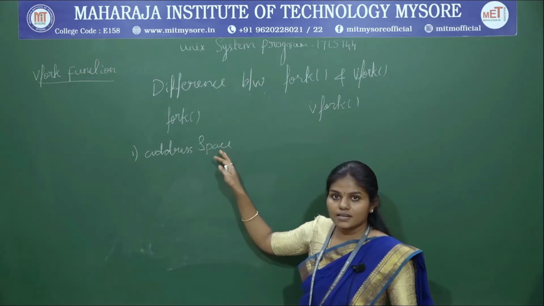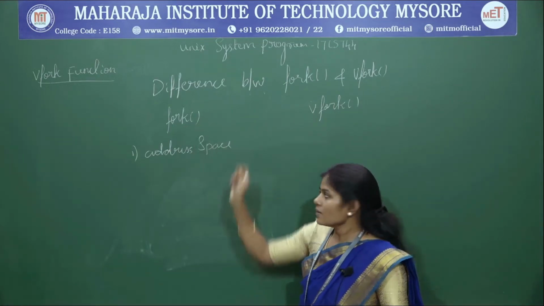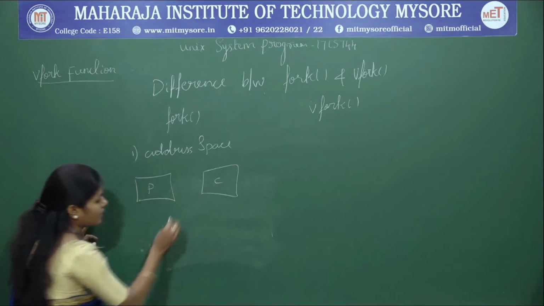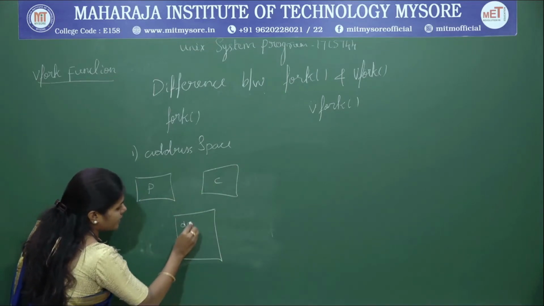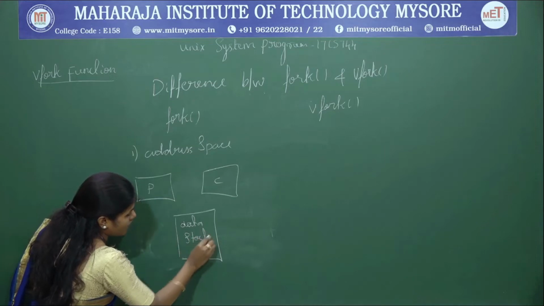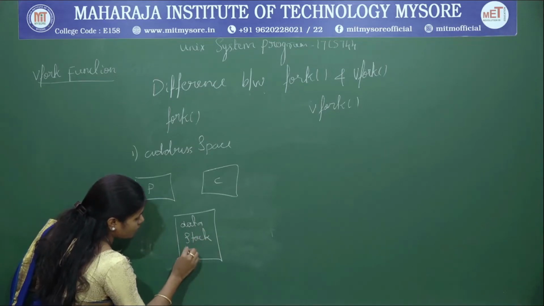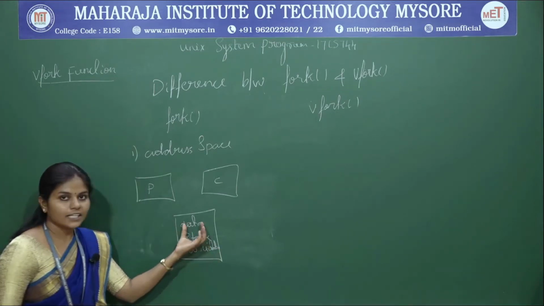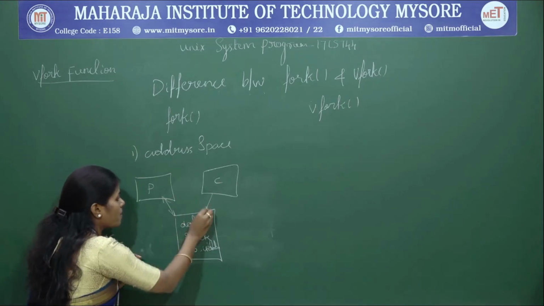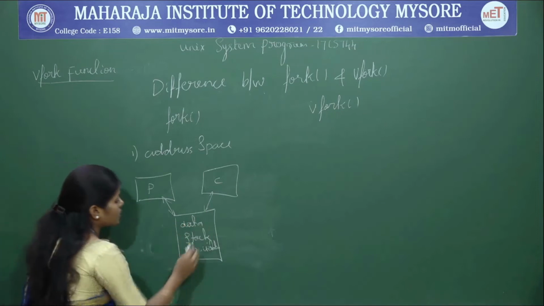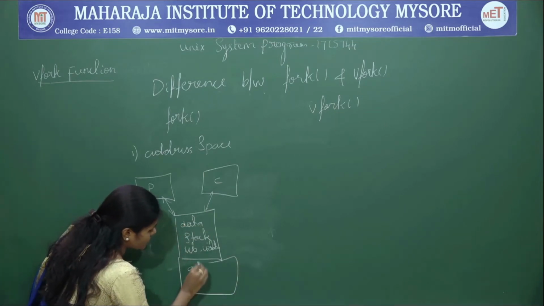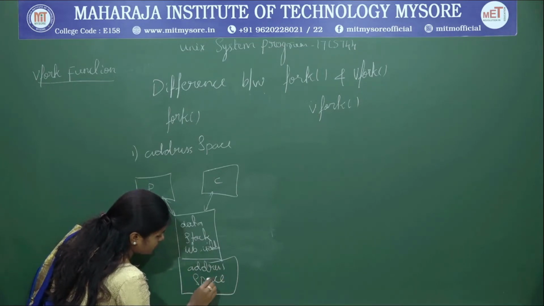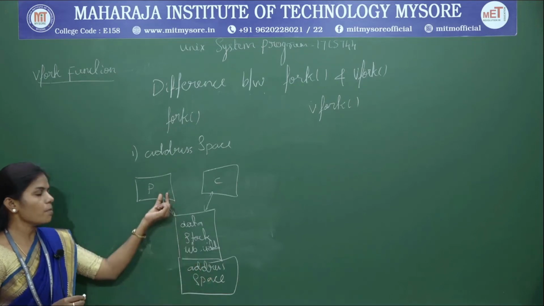The address space is different in the fork command. The parent and the child share the data, stack information, the variables, and uninitialized data. All that information is shared by the parent and the child, right? But the address space is different for the parent and the child.